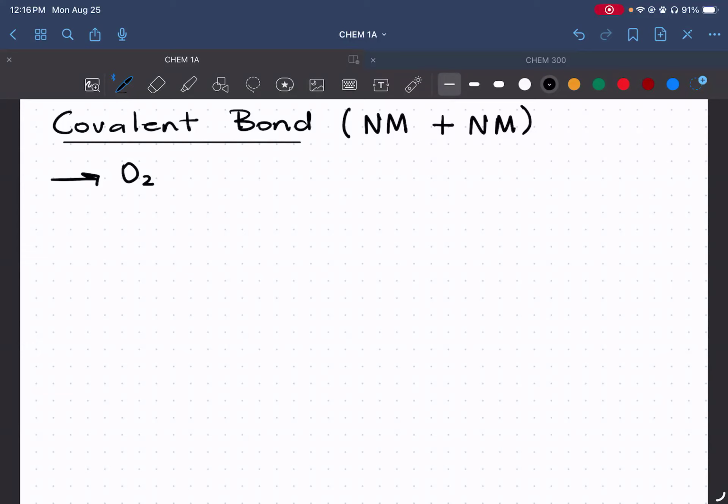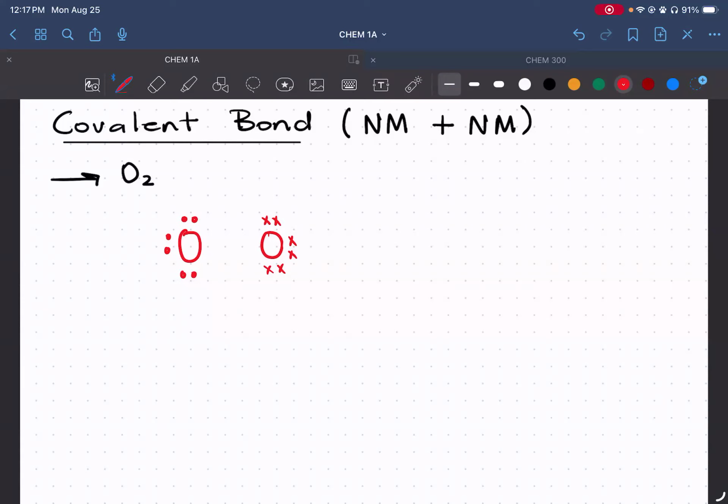Let's take a look at how it works. Each oxygen will come together. Oxygen is in group 6. So let me actually use a different label. Let me use X's for this oxygen on the right to make it clear. So we have two oxygens.